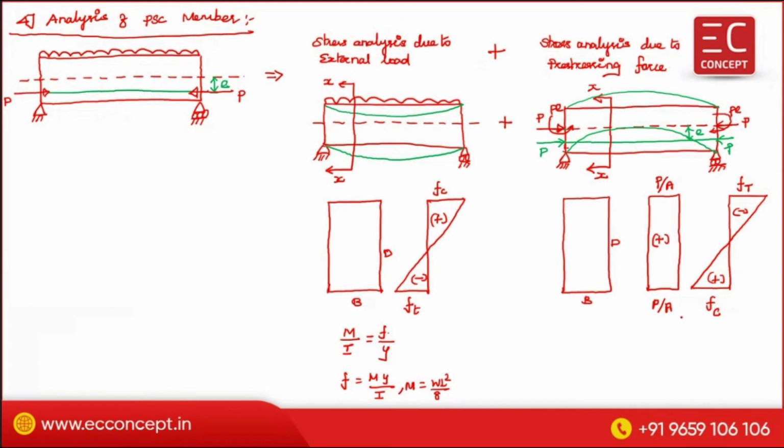How can we calculate this FC? This is the same as the bending formula. M by I is equal to F by Y. But here F is equal to M Y divided by I. Here M is equal to P into e, the moment due to pre-stressing force. But here the moment is due to external load. Now the summation of these three in the stress block.